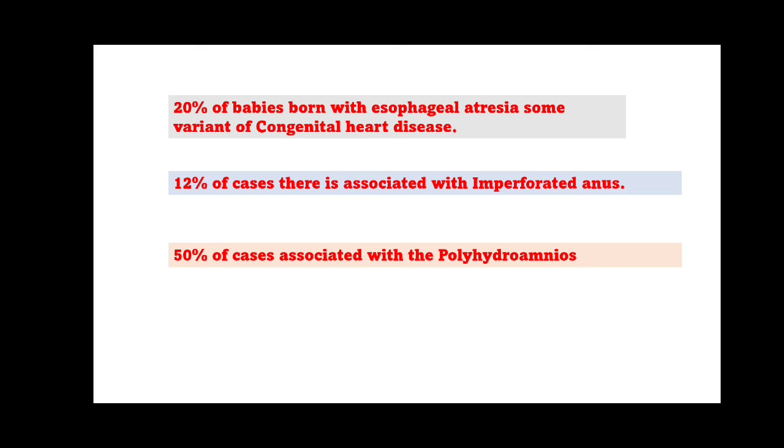It is usually seen in the third trimester, where the baby fails to swallow the amniotic fluid. Because of this, there is excessive collection of amniotic fluid in the mother's womb. There are other reasons for polyhydramnios also, but when the mother has polyhydramnios, you first have to suspect a congenital anomaly of the esophagus.